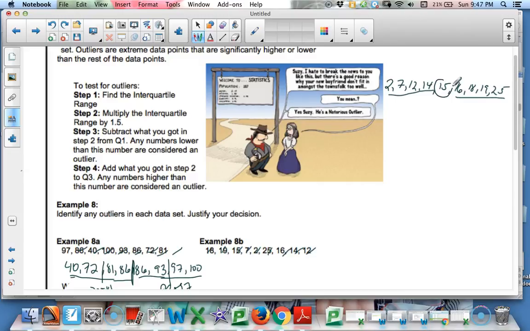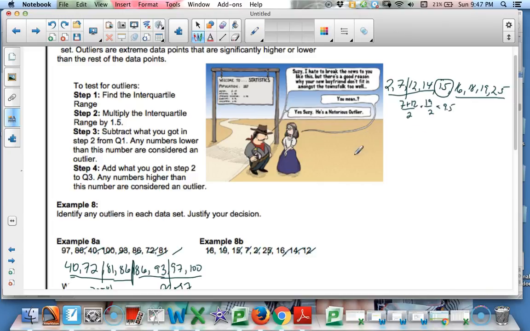So my median is 15. To find Q1, I'm going to look at the lower half of this data, which is going to be in between 7 and 12. So 7 plus 12 is equal to 19, and 19 divided by 2 is going to be 9.5.